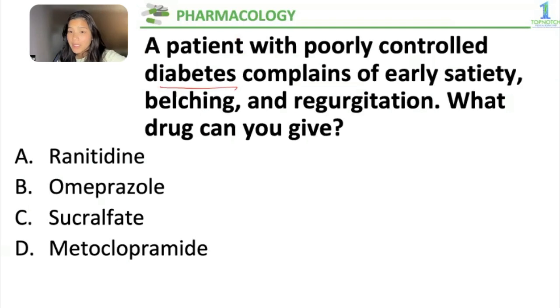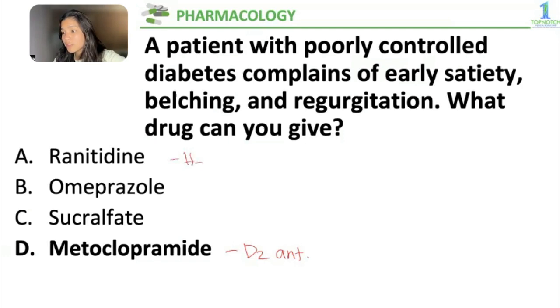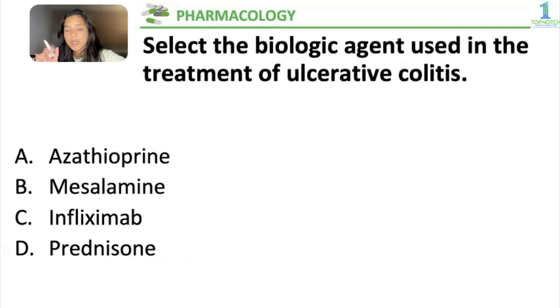This is diabetic gastroparesis. And in order to counteract diabetic gastroparesis, we have to give a prokinetic agent, which is your metoclopramide, again, a D2 antagonist because dopamine inhibits peristalsis. What's ranitidine? It's an H2 receptor blocker. Omeprazole is your PPI, and sucralfate is one of your mucosal barrier agents.